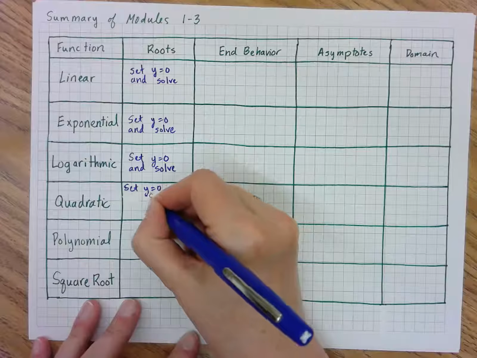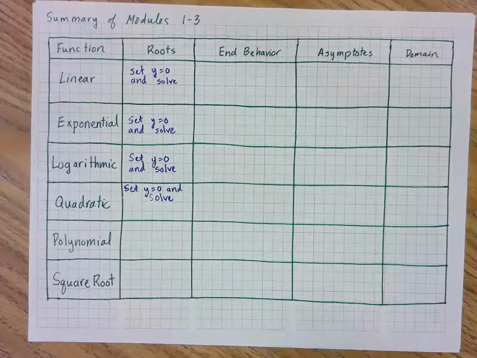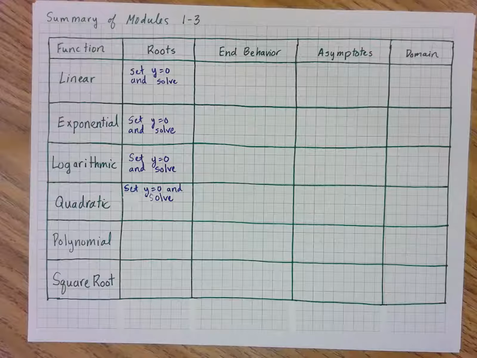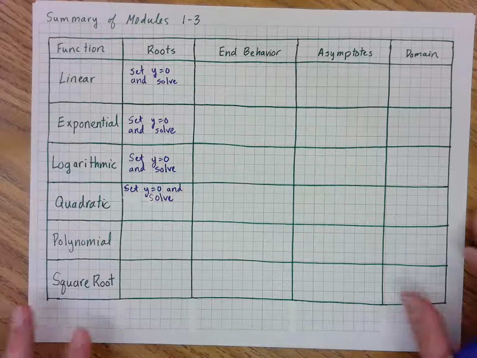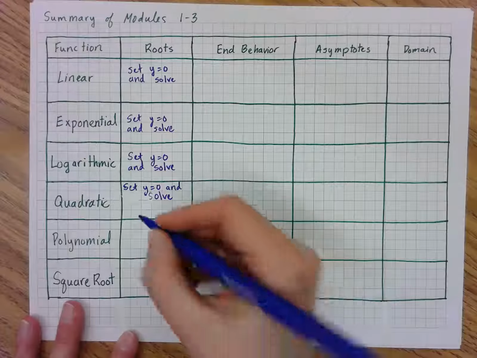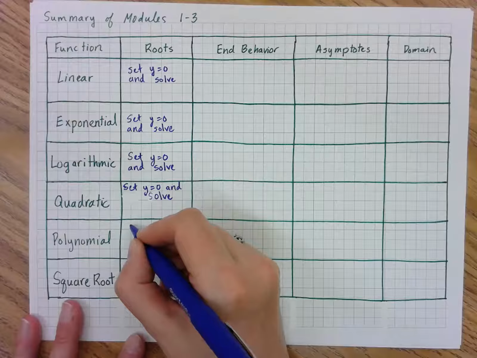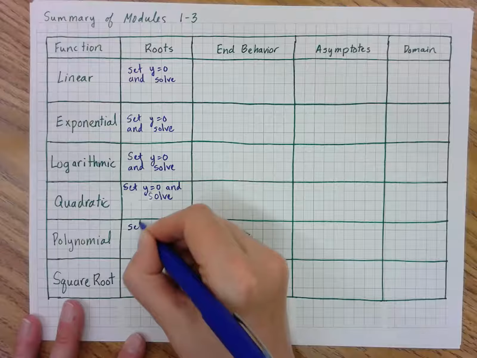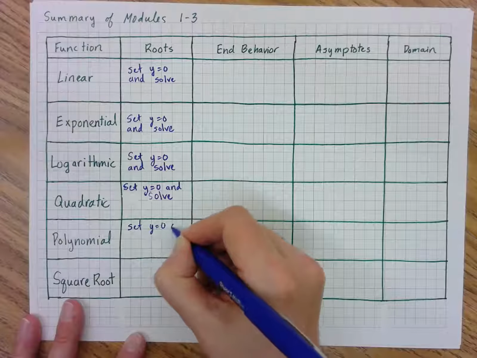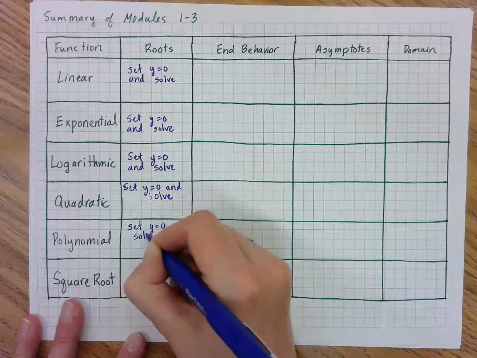and solve. Remember, when you're solving quadratics, you can use completing the square, quadratic formula, factoring with zero product property. So that one has many options. Polynomial, you set y equals 0 and solve.